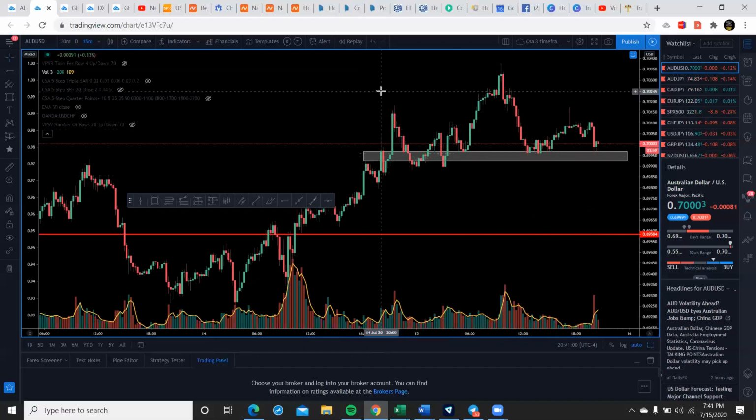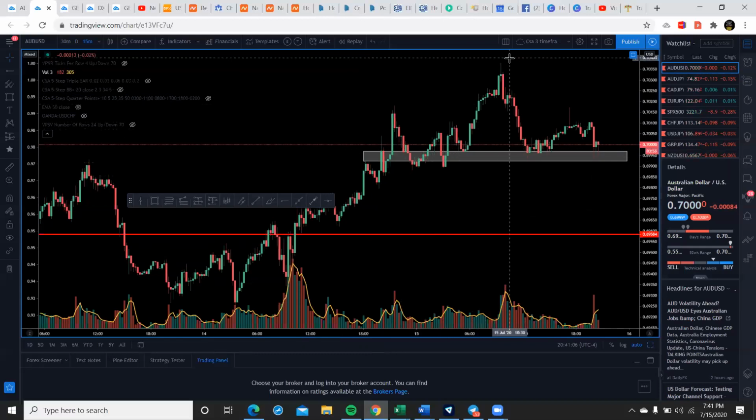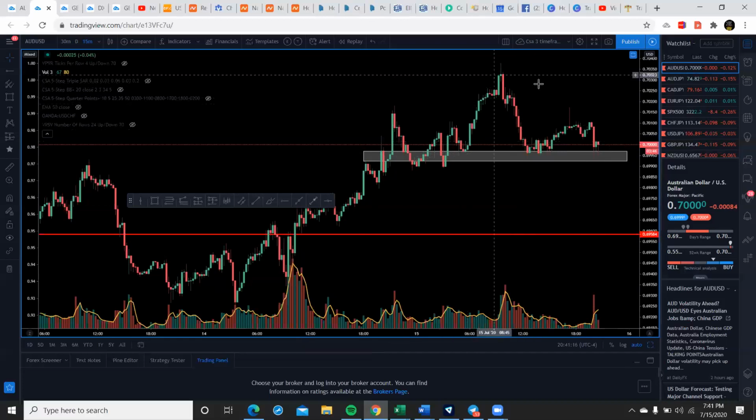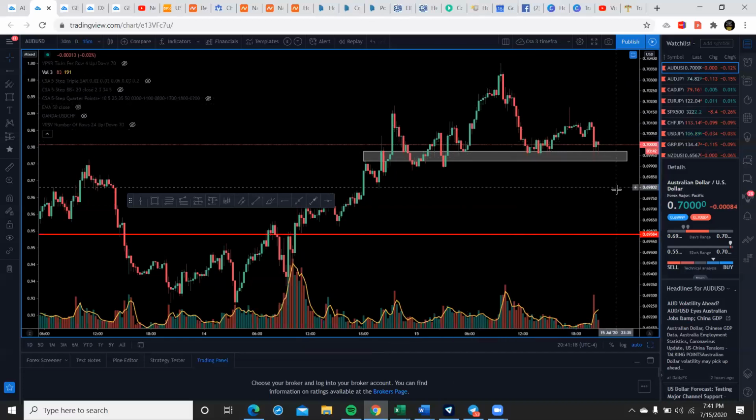He's protecting his position. It may be somebody that got in around here, got a nice ride up, but now that the price is coming down, they want to protect that position. Pushes it up. He's still playing this position here, pushing it up. So we are looking for that to get overrun and finally break.